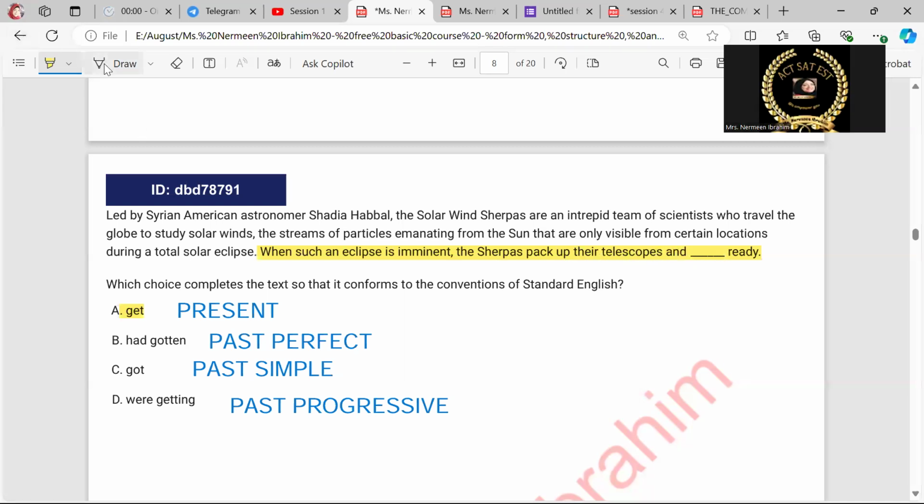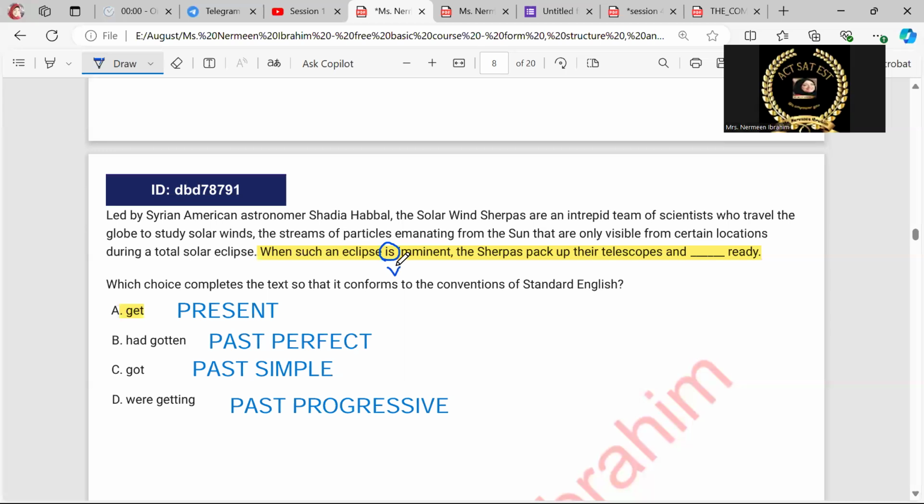Can you tell me where the main verbs are here? When such an eclipse, that's the subject. What is its verb? Imminent is an adjective. Imminent means about to happen. Why don't you see is? Is is the verb, right?